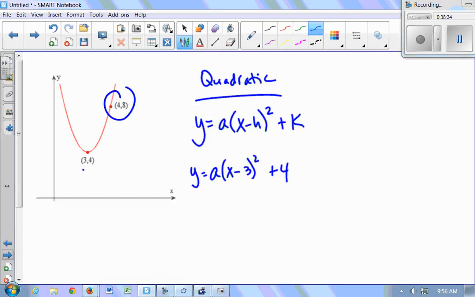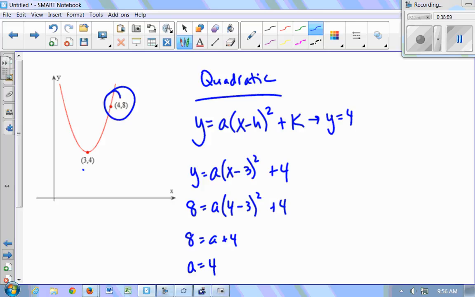Okay, so I have this point 4, 8, so I'll put in 8 for y and 4 for x, and then the only unknown is a, and I can solve for it. So 4 minus 3 is 1, squared is 1, so 8 equals a plus 4, so a is 4. So your final equation is going to be y equals 4 times x minus 3 squared plus 4.